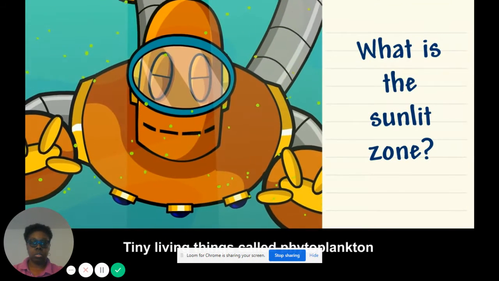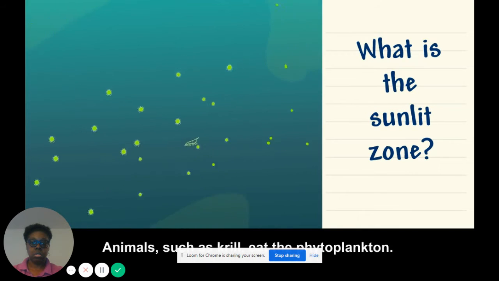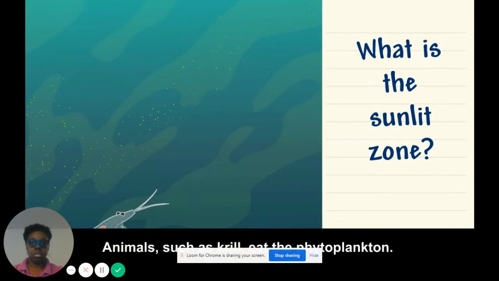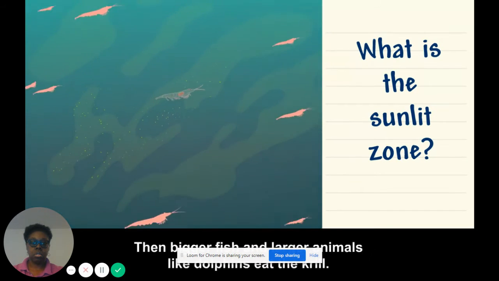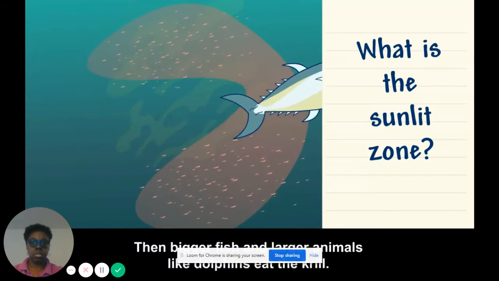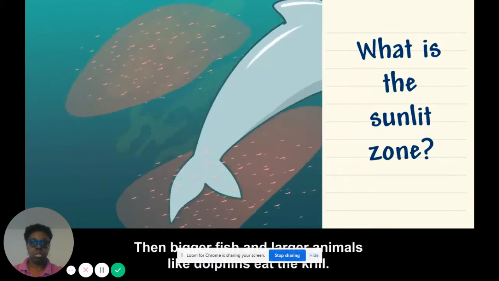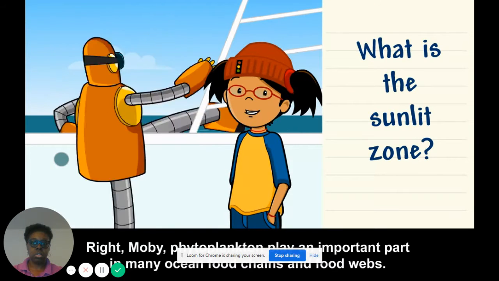Tiny living things called phytoplankton use sunlight to make their own food, kind of like plants. Animals, such as krill, eat the phytoplankton. Then bigger fish and larger animals like dolphins eat the krill. Right, Moby.